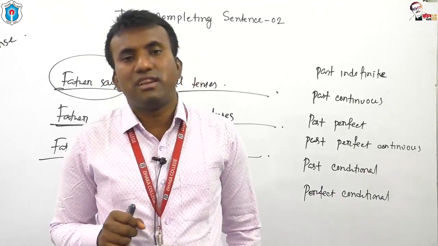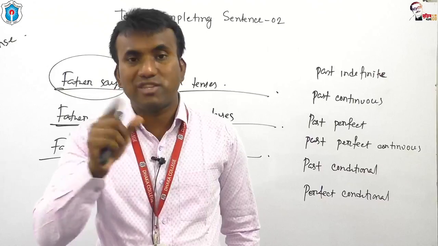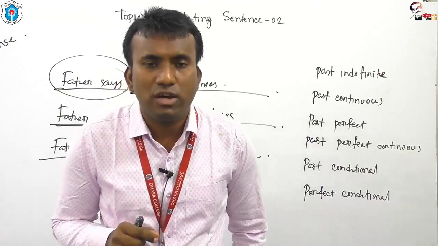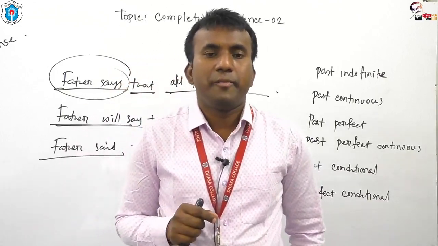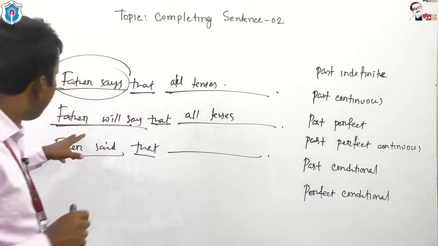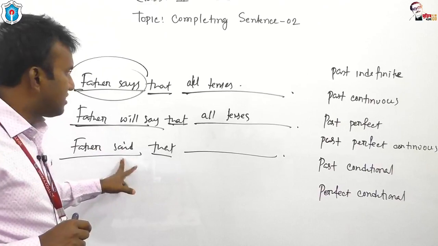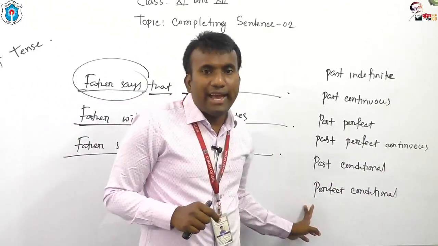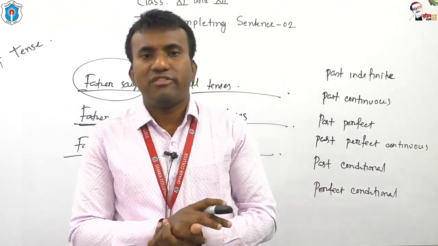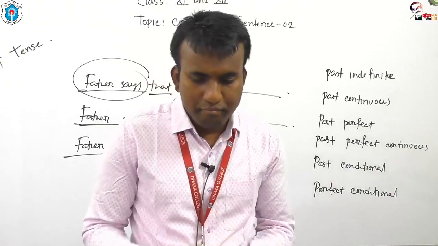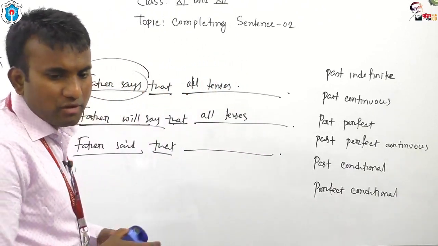But this subordinate clause must contain universal truth or habitual fact. Okay. Here father will say, you can use all the tenses. Father said that, you can use these tenses along with present indefinite. Clear to you? Now I can give you an example.